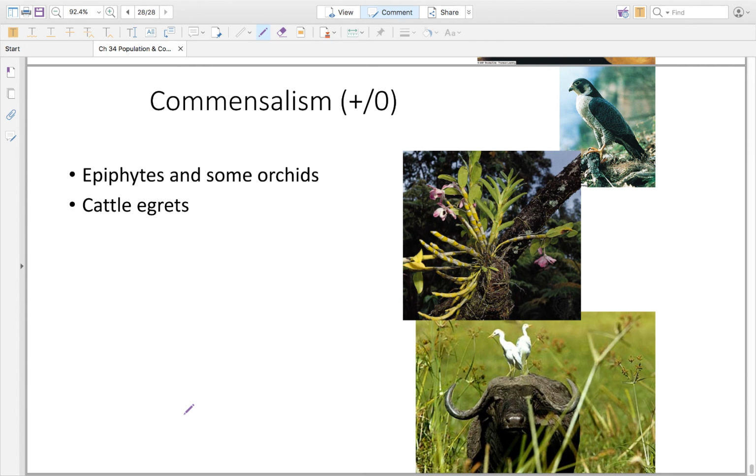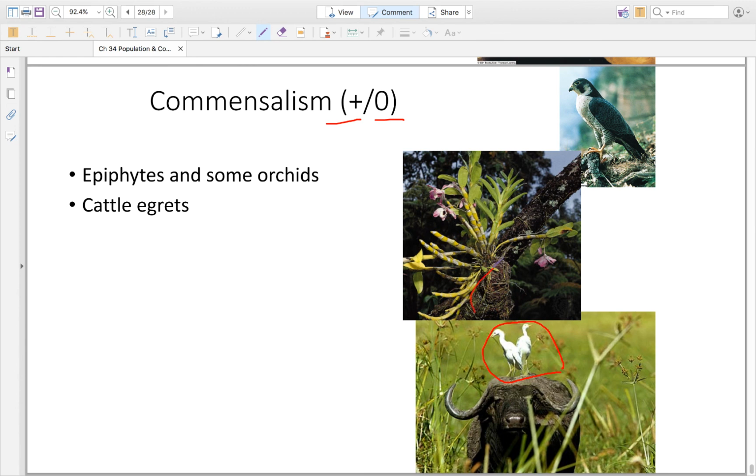Commensalism is very interesting. This is actually where one organism benefits and the other is neutral. Nothing is happening to them. So this is very typical: cattle. These little birds sit on top of the cattle and they just pick insects off of them. So these birds benefit and the cattle's not harmed at all, so no big deal. A lot of plants do this, like orchids.